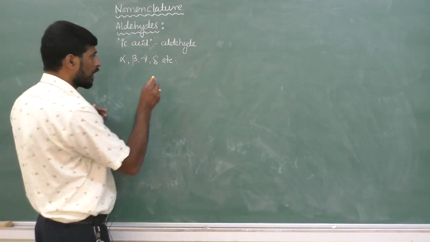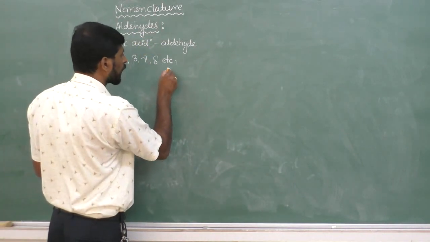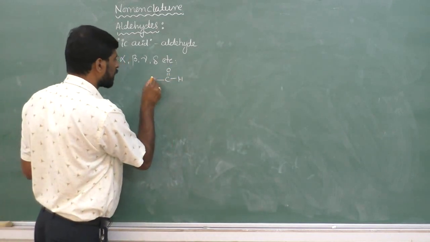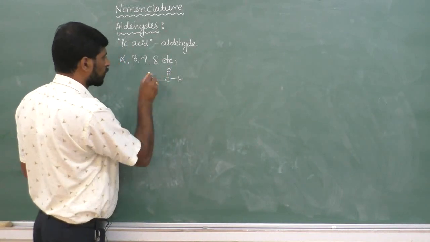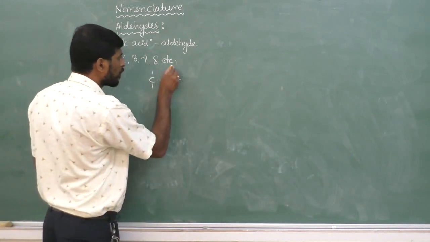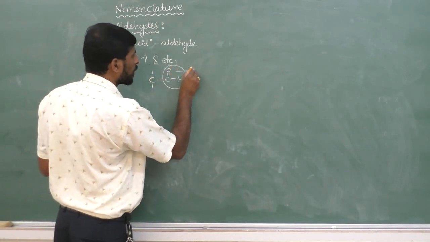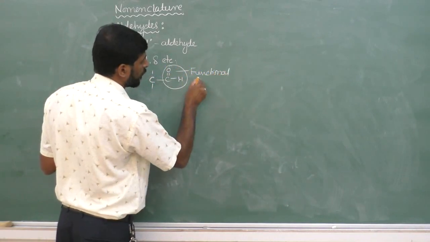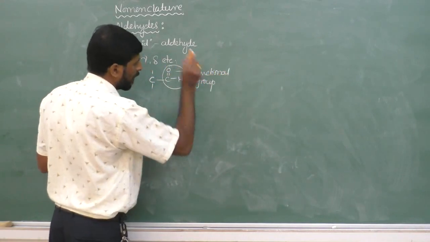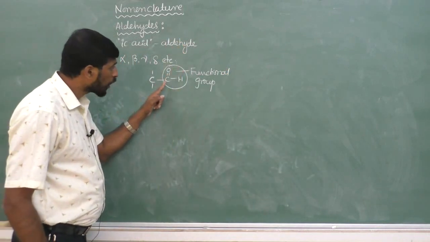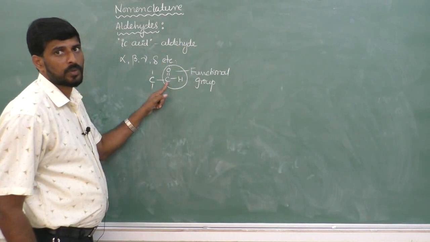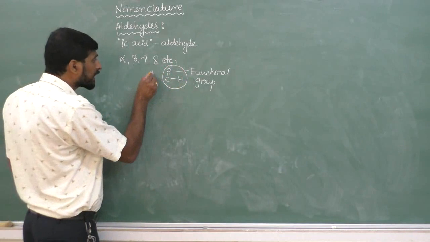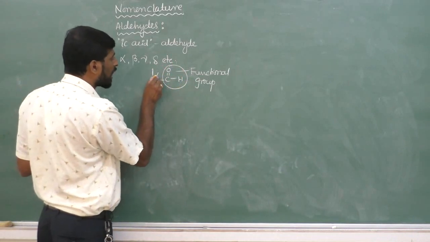This is the aldehydic functional group, that is CHO. Please remember students, this is the functional group. We should not include this carbon atom. This entire CHO group is a functional group. The next carbon atom from the functional group is called alpha.